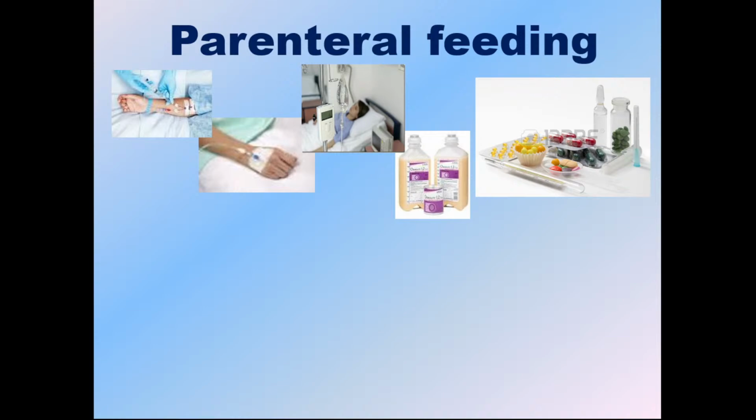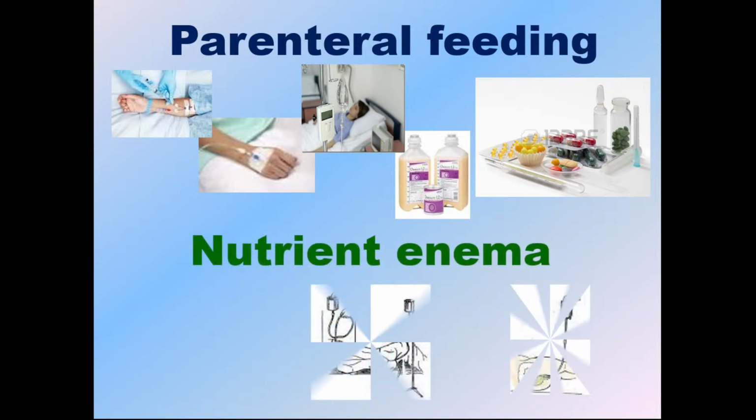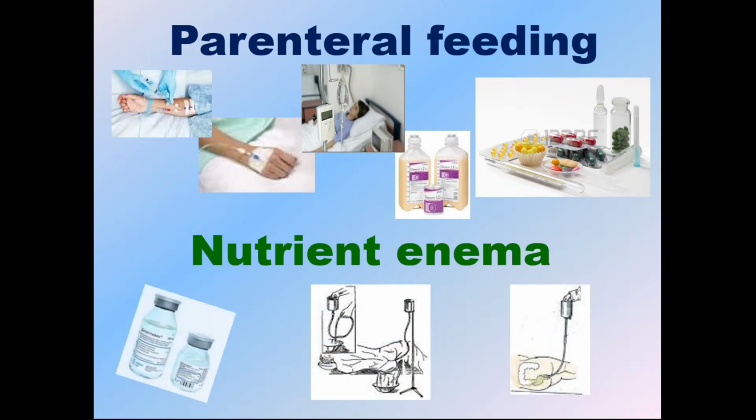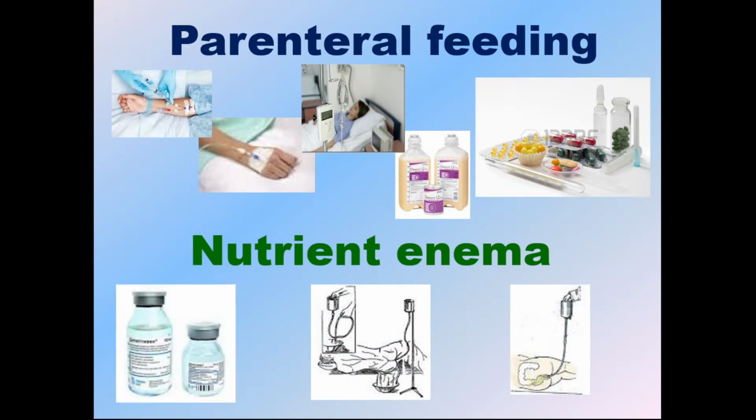Parenteral nutrition is indicated for a heavy patient who is unable to take food the usual way, or digestion of food in the gastrointestinal tract is impossible. For example, complete gastrectomy with a problem with the duodenum, and the patient needs only parenteral feeding.